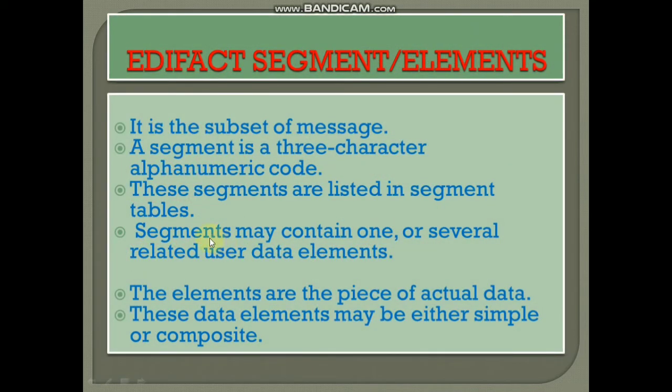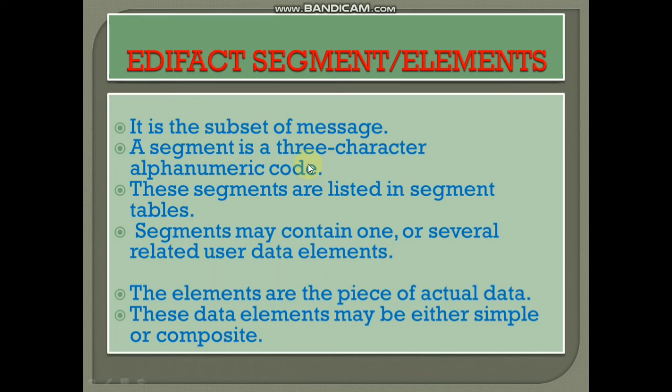Then you have EDIFACT segments and elements. First we'll see segments. It is a subset of a message, underline this, it is a 1 mark question. A segment is a 3-character alphanumeric code, whereas your message will have a nickname of 6 characters.